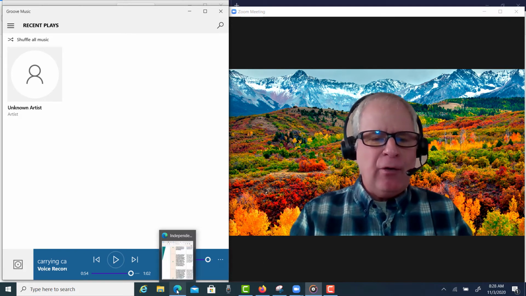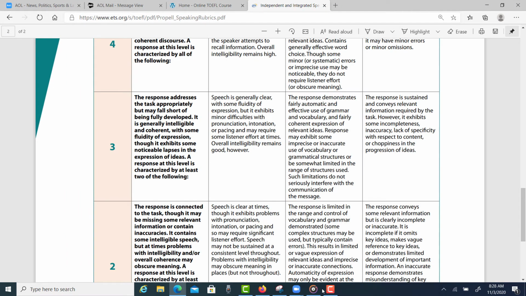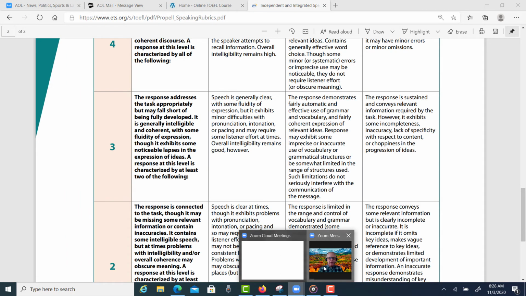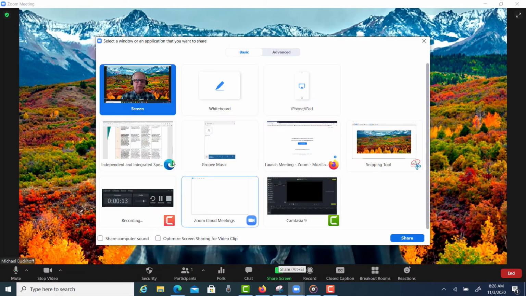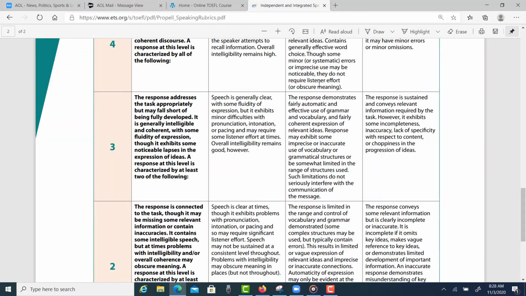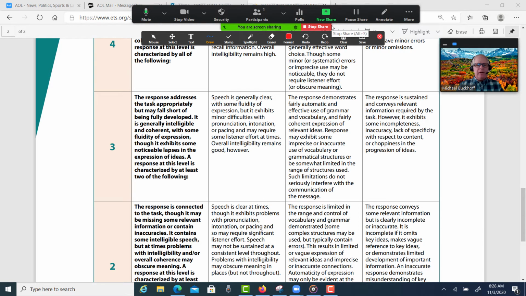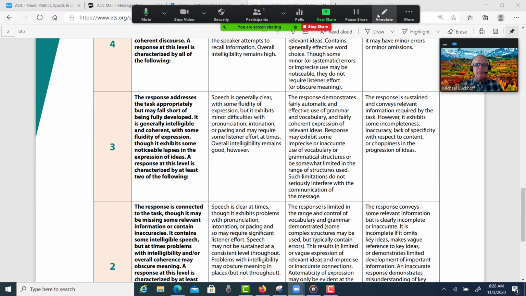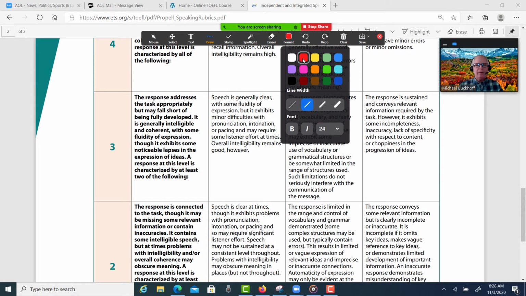So if you go back over to the rubric here, if we take a look at it, give me a quick second here. Let me see. Yeah, if I take a look at where it says 3, you're stuck in there. You have to do something different, I think, in order to get better.